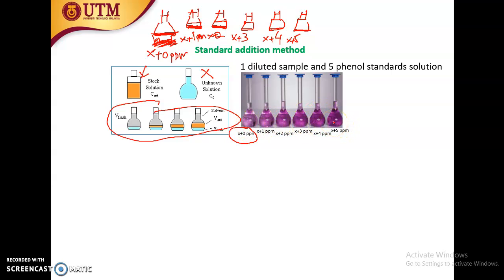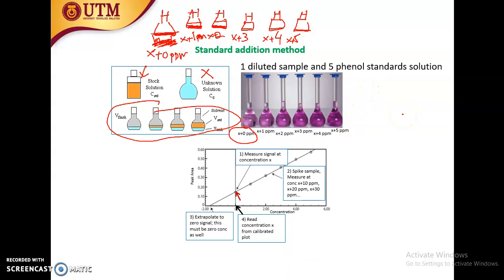So how do we do analysis? You go into the instrument, you inject one by one, and you take all the data, and then you do calibration curve. At the calibration, you will see the concentration 0, 1, 2, 3, 4, 5 as usual. The x plus 0 ppm will give you some reading. Whenever you see some reading, you know already that in my sample I have analyte.